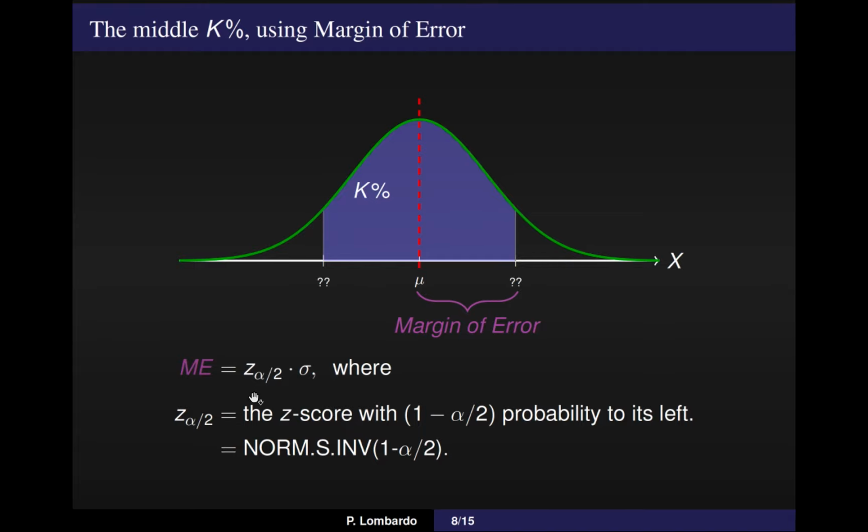So the main thing is in finding this z alpha over 2 value. Z alpha over 2 is essentially the z-score with 1 minus alpha over 2 probability to its left. We'll talk about what alpha means in a second. It's a specific percentile, so we'll use our norm.s.inverse to figure out what that z-score is.